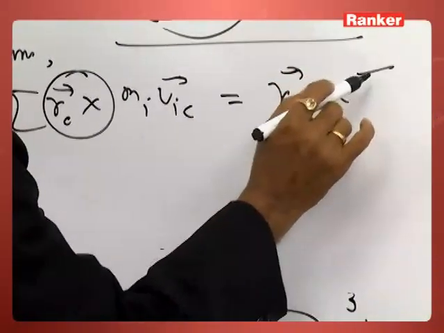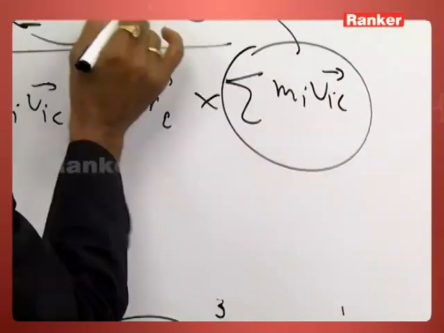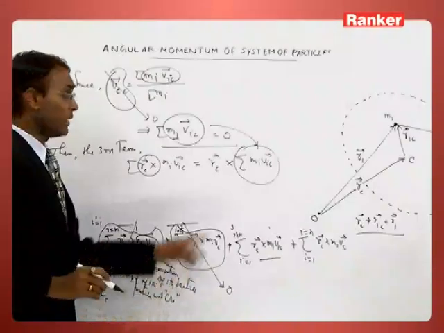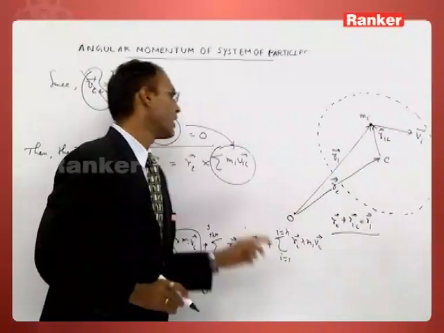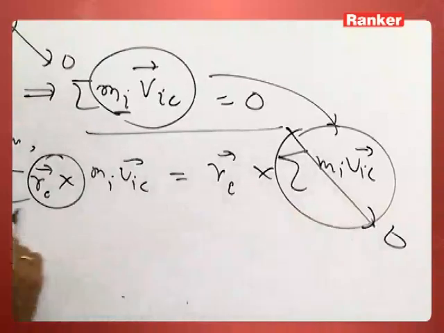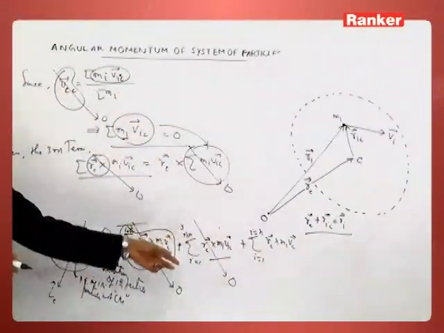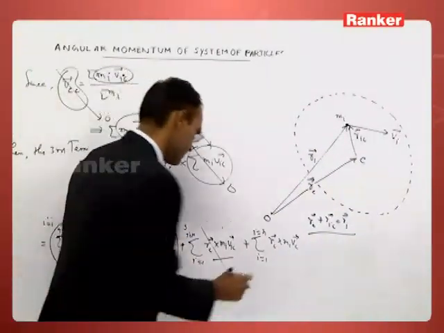R_C cross sum of m_i v_i^C. This is the summation of momenta of all particles with respect to center of mass of the system, which is 0. Since this will be 0, the entire term will vanish. The third term therefore will vanish.